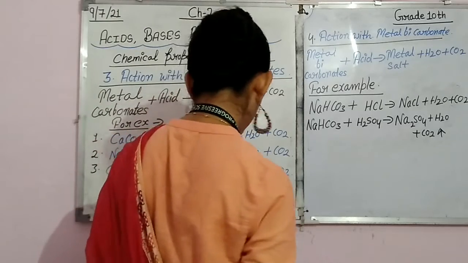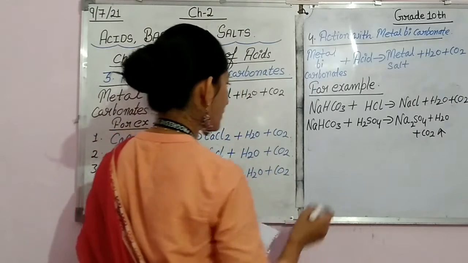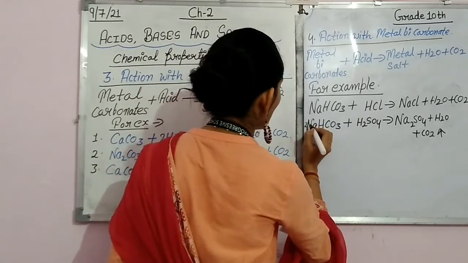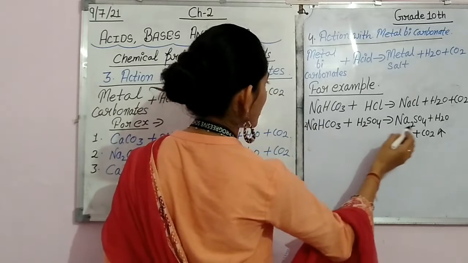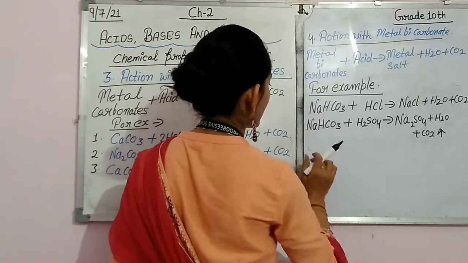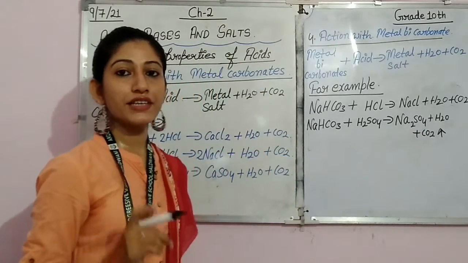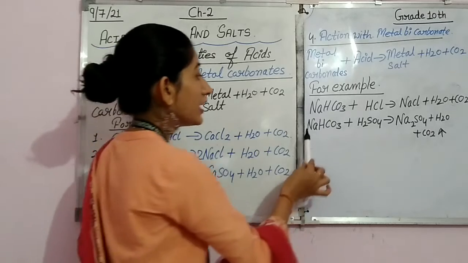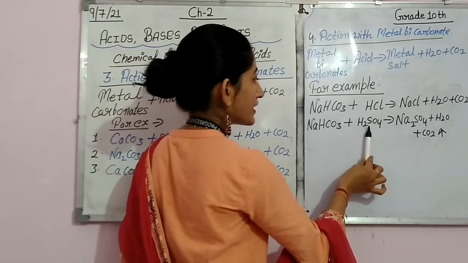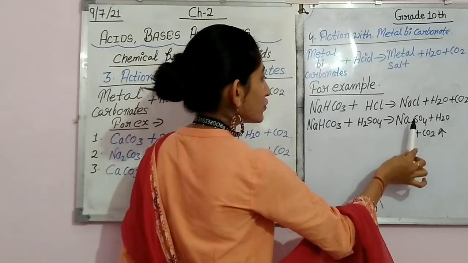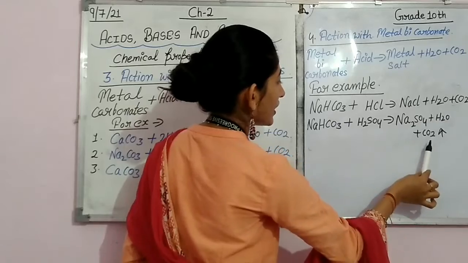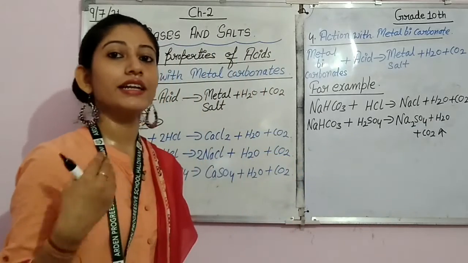And if you balance it, it will come as 2 NaHCO3 plus H2SO4. So we have seen that when we react sodium bicarbonate with sulfuric acid, sodium sulfate plus water and CO2 gas is released.